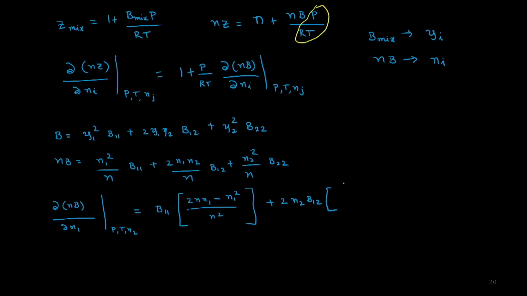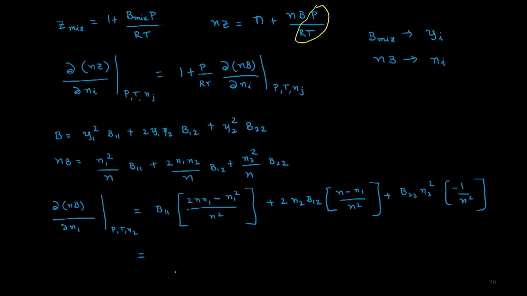Derivative of n1 over n with respect to n1 will be n minus n1 over n square. Plus finally, what I have is b22 n2 squared, and the derivative of 1 over n with respect to n1 will be negative 1 over n squared. I can simplify this, and if you see, I can rewrite all the n's and n1's in terms of the mole fraction y1 back.